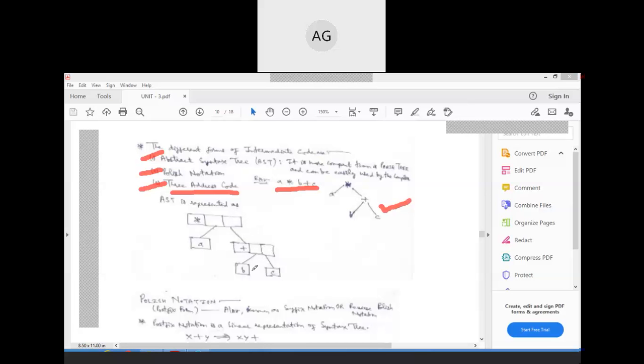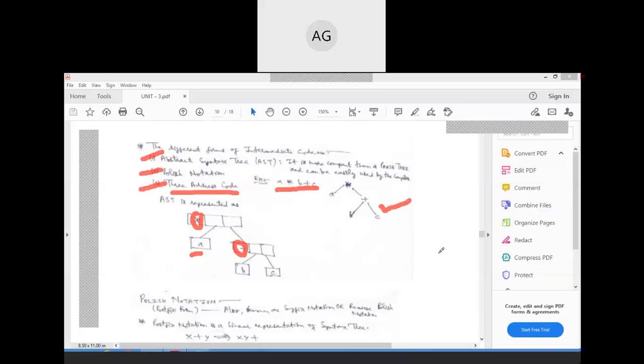As you can see here, plus is the operator, and B and C are the operands. Now into is the operator and its operands are A and the addition of B and C. By using this method, we are going to represent the abstract syntax tree.